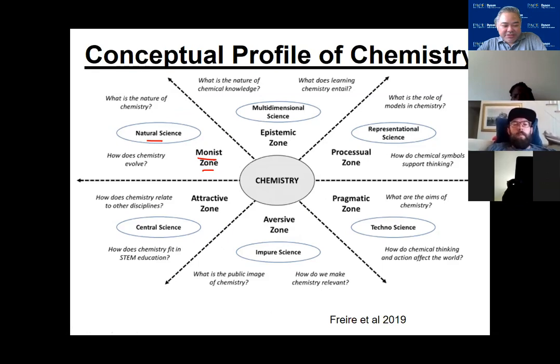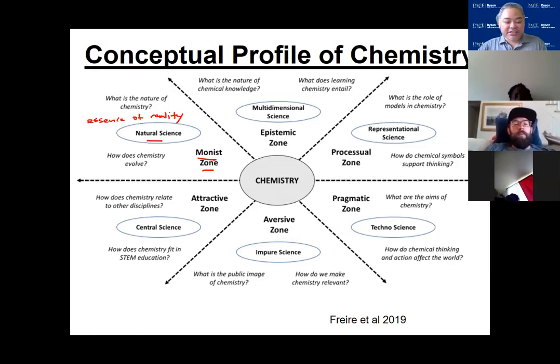How does chemistry evolve? So if you're going to look at the mode of thinking in the monist zone, chemistry is conceived as the essence of reality. So chemistry is all around us and everything is chemistry. Chemistry has existed since the origin of the universe.